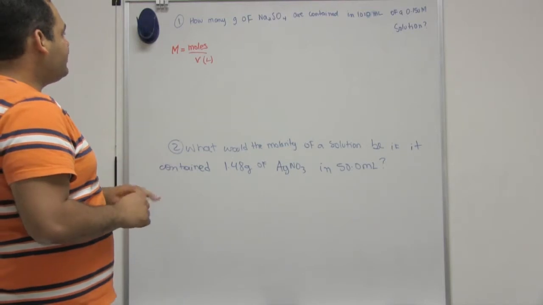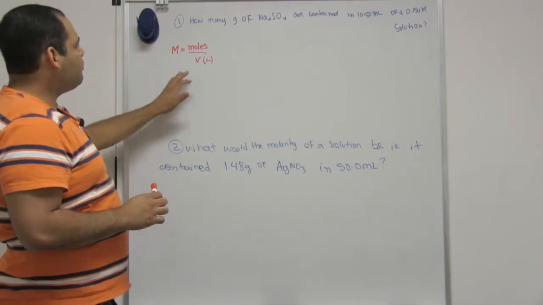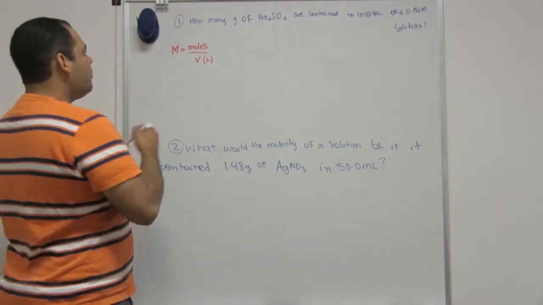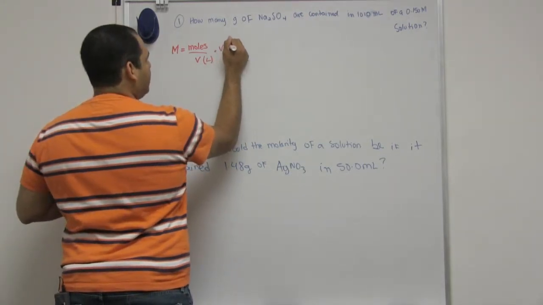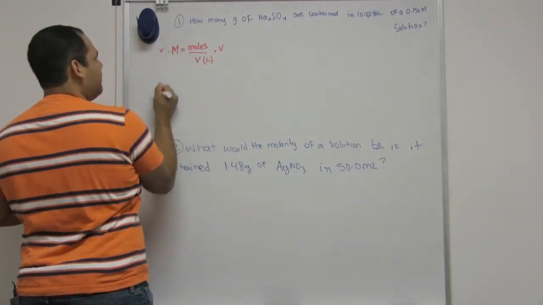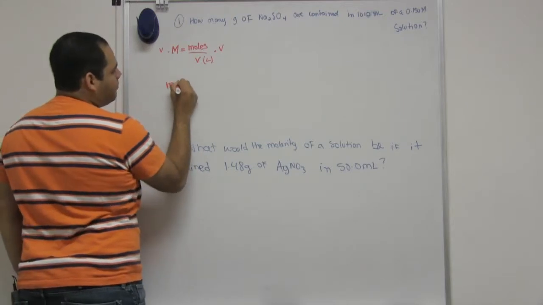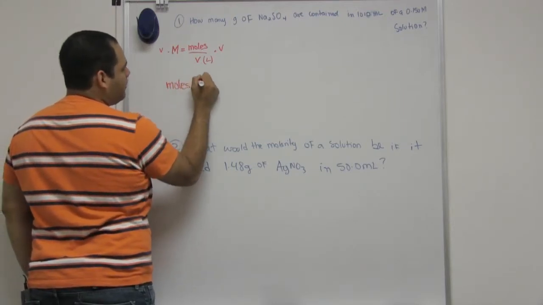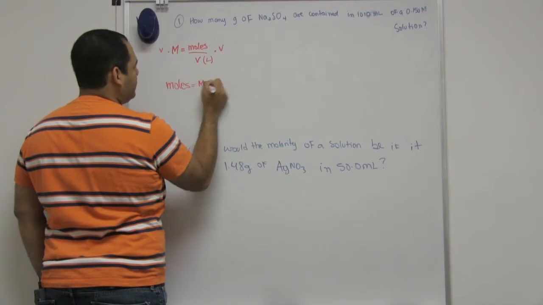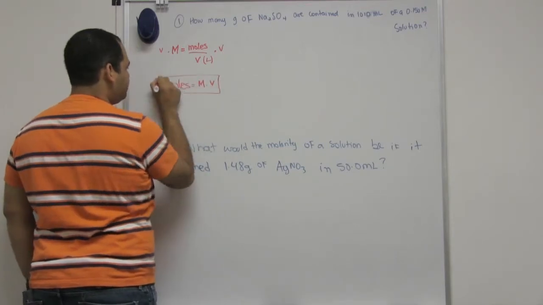First, to find the moles, I need to solve my equation for moles. I can multiply both sides by V, so moles is equal to molarity times my volume.